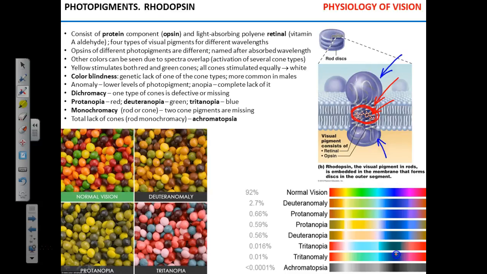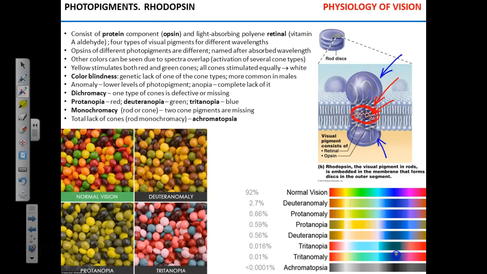Got it? So vast majority of people, practically every person, has four different types of photopigments. Rods have their own photopigment, and all three different types of cones have their own photopigments. So we have four different types of photopigments.